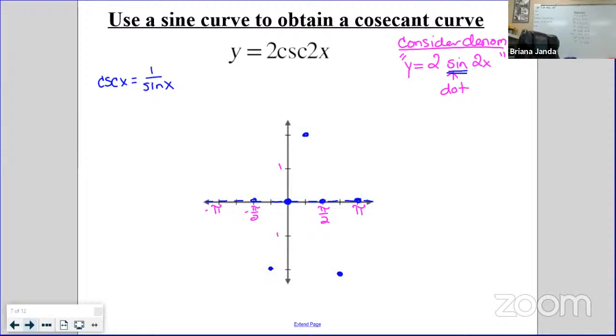The only difference is, instead of connecting those dots here in a second, we're going to do what we now learned about cosecant. Okay, so dotting out my sine curve is where sine stops. And we pick up cosecant. Cosecant, I now use each of those dots on my midline and draw in an asymptote.